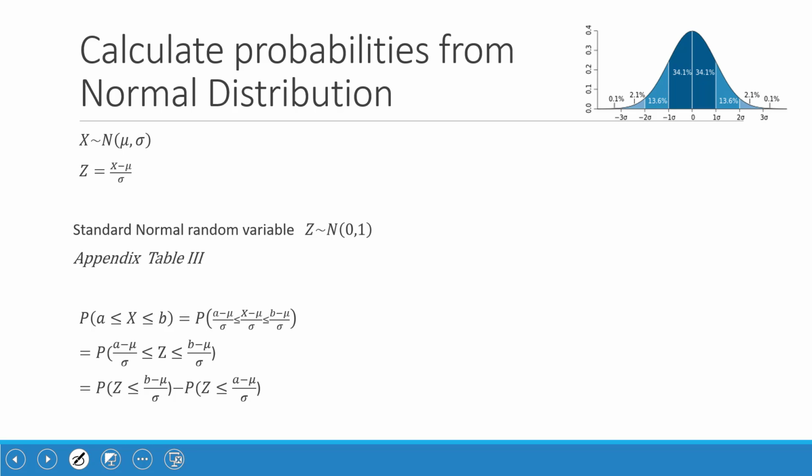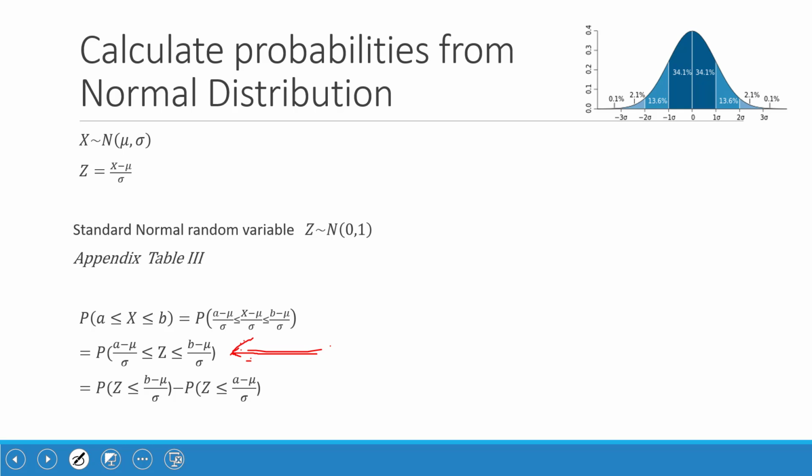We subtract the mean and divide by the standard deviation on all sides of the inequality, and we end up with an expression in the form of the standard normal variate, and then we can calculate those values.